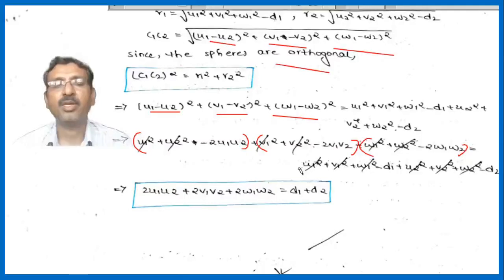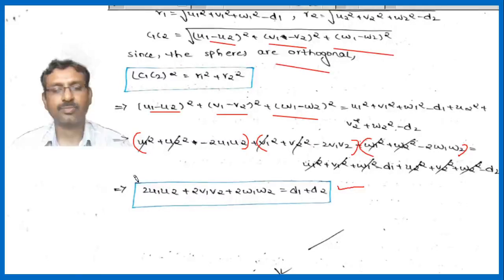I get similar values on both sides of the equation. After cancelling u1 square, u2 square, v1 square, v2 square, w1 square and w2 square, these six terms on the left and right, the remaining part is 2u1u2 plus 2v1v2 plus 2w1w2 equals d1 plus d2, which is the standard result used if two spheres intersect orthogonally or at right angle. Okay, thank you.